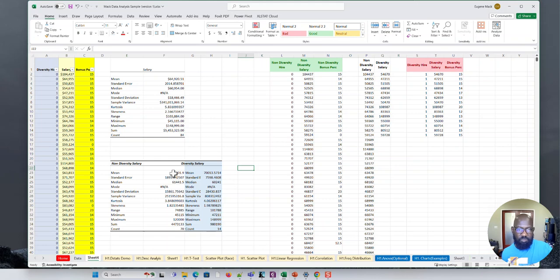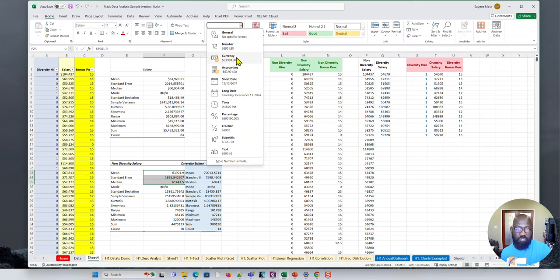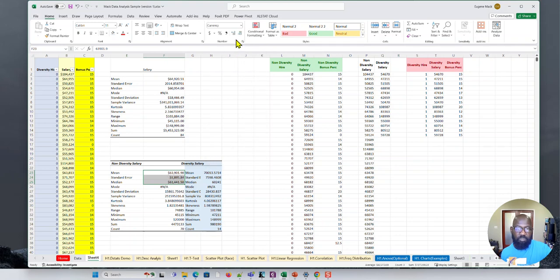Let's do the same thing with most of these. We are going to make them currencies. In this particular case, because we're dealing with money, we don't have to keep the zeros. We can get rid of the zeros if we choose, or should I say those points behind the decimal point rather.